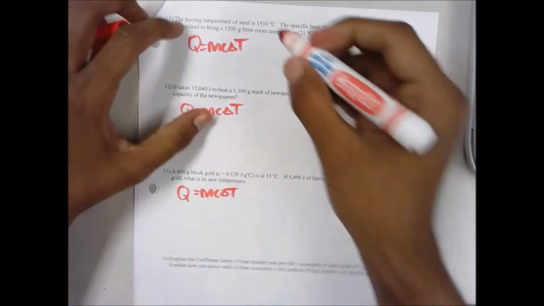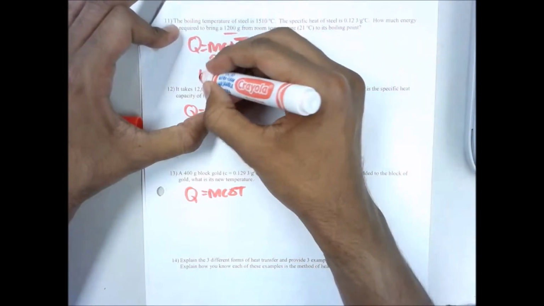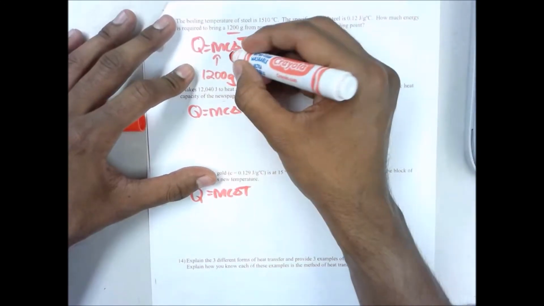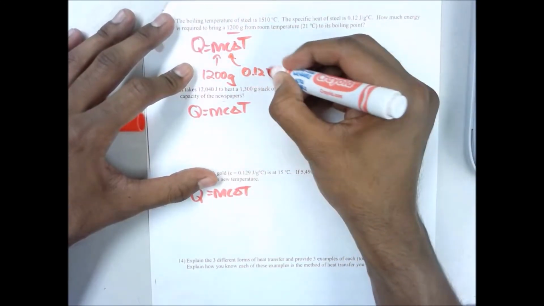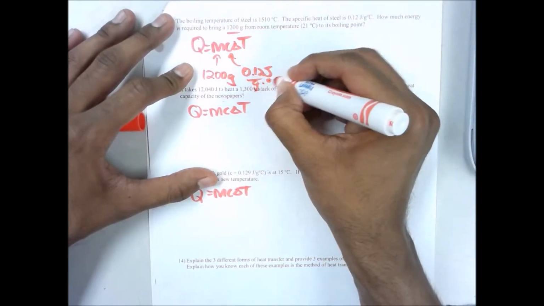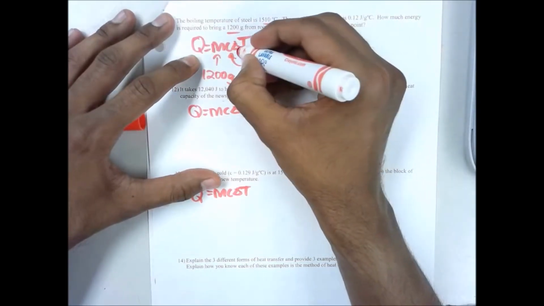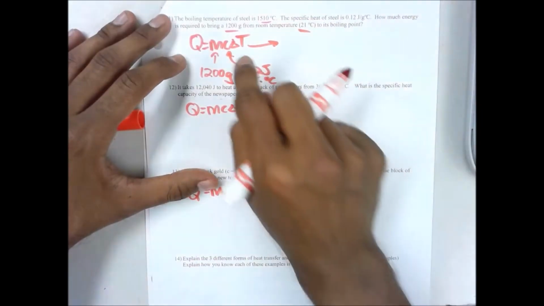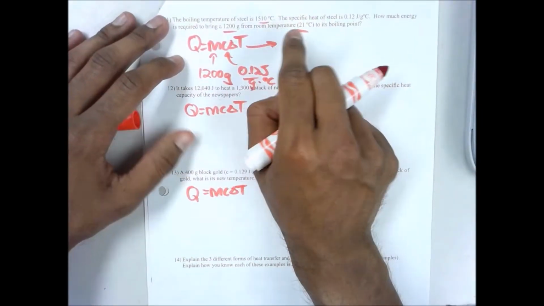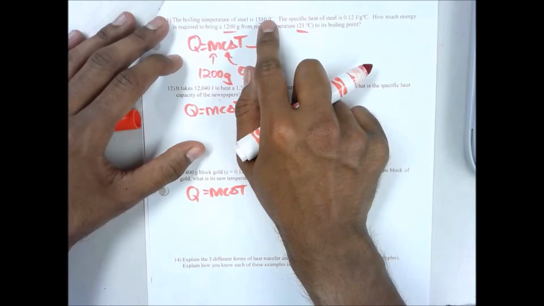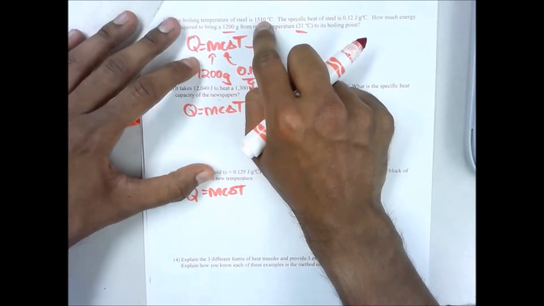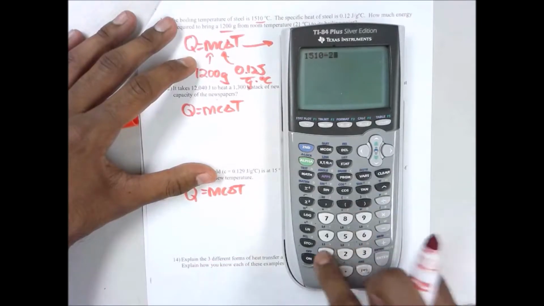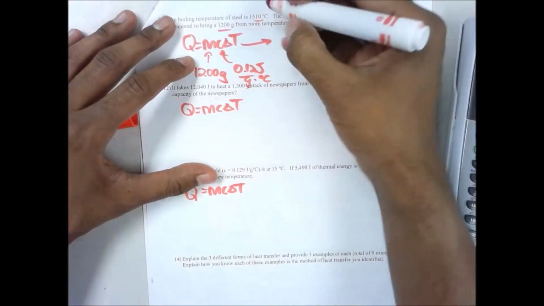And we know the mass is 1200 grams. We know the specific heat is 0.12 joules per gram times degree Celsius, and we know that the change in temperature is the difference between 1510 and 21, because the change in temperature isn't 1510. If it was starting at 0 degrees Celsius, then it'd be 1510. 1510 minus 21 is equal to 1489.